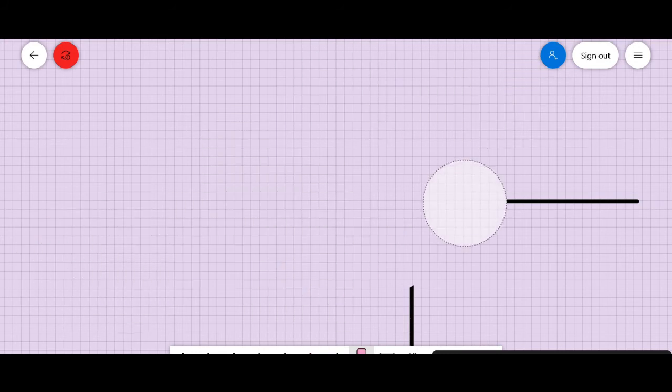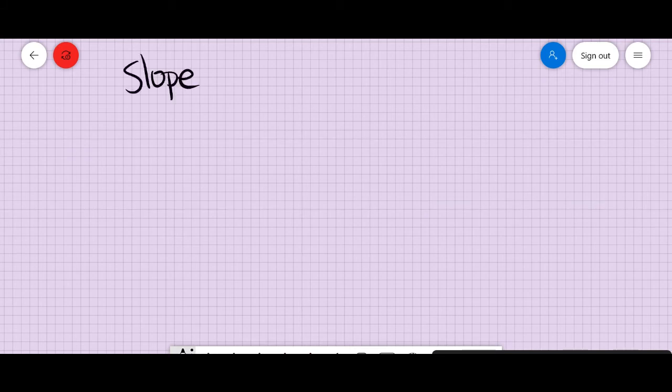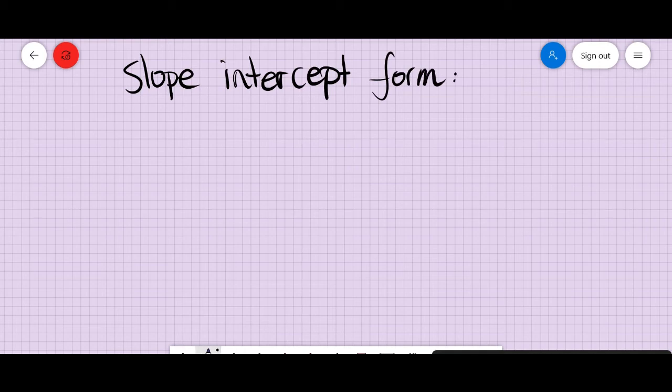So now, this is the graphing part. Now we're going to talk about the slope-intercept form of writing a line. So the slope-intercept form is, what is it? It's y equals mx plus b.